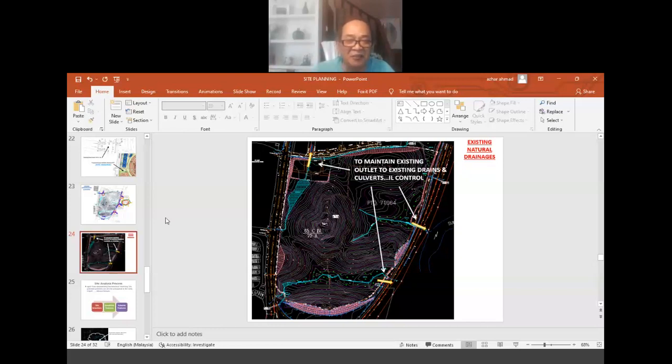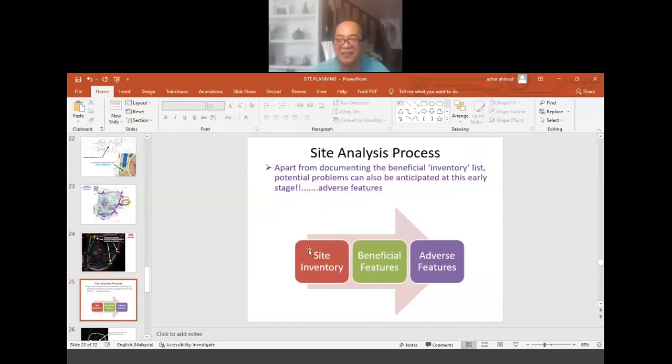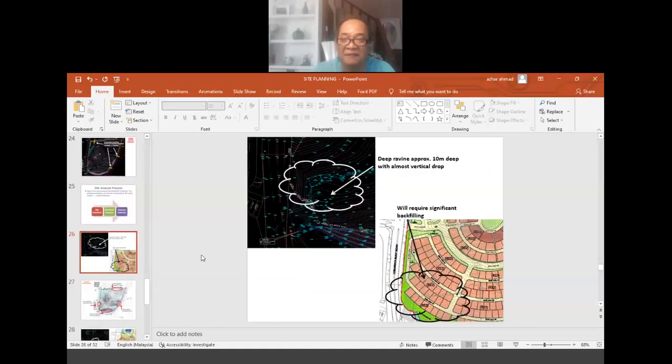Okay, so not just beneficial, there are some adverse features that can be picked up. Apart from documenting the beneficial inventory list, potential problems can also be anticipated, and this is what we call the adverse features. One of the adverse features is that there is a deep ravine.